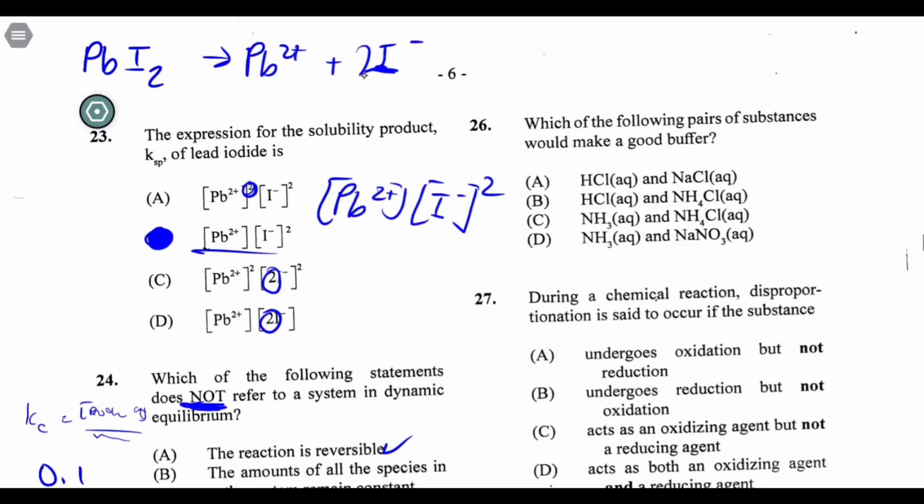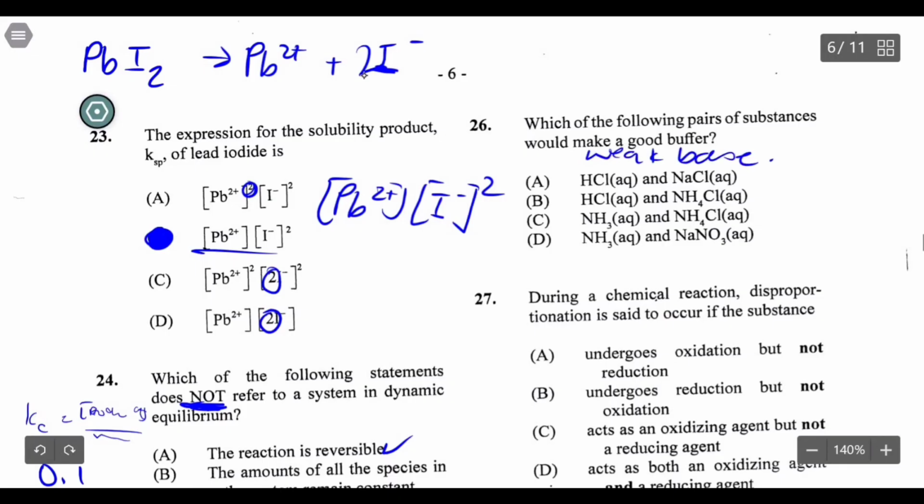26. Which of the following pairs of substances would make a good buffer? A good buffer is made from a weak acid and the salt of that weak acid, or a weak base and the salt of the weak base. So it depends on if it's an acidic buffer or an alkaline buffer.